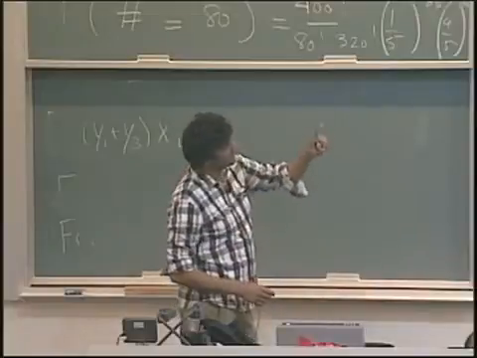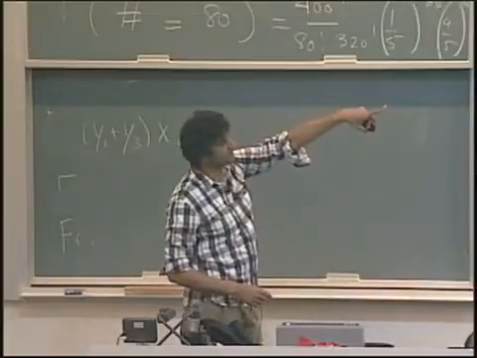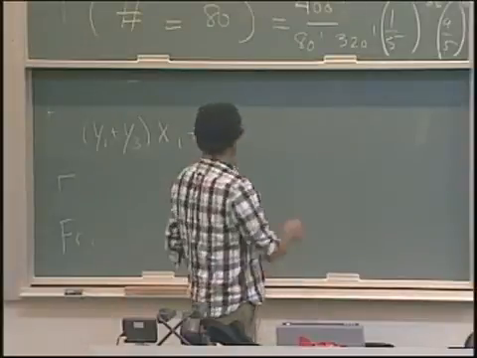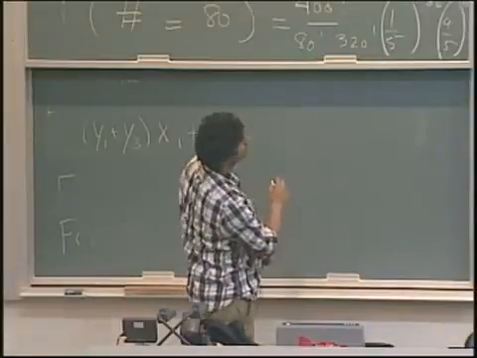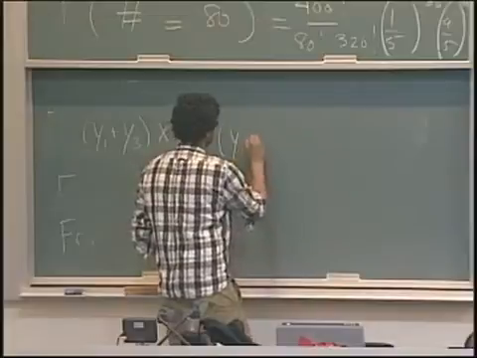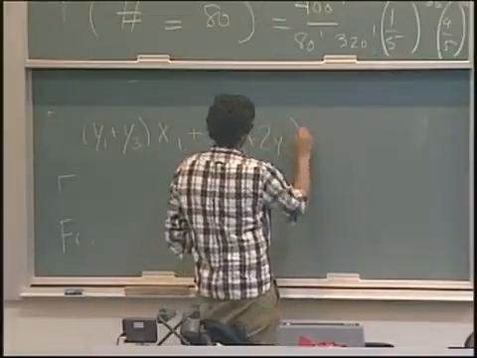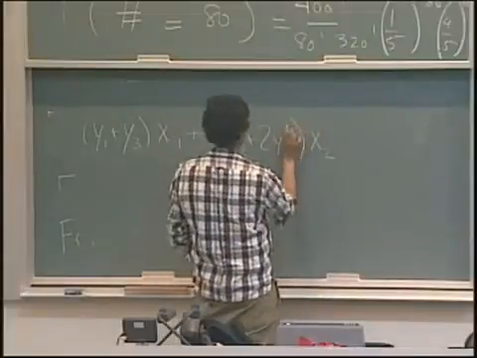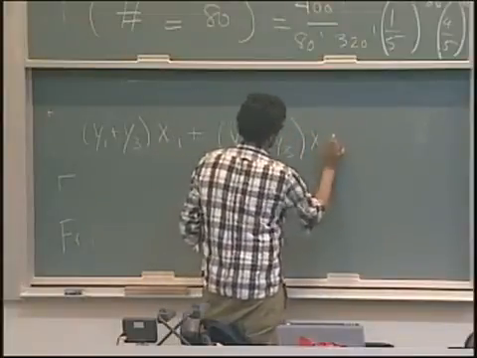So now what's the coefficient for x2 going to be? It's y2 plus 2 times y3, times x2. Did it again.